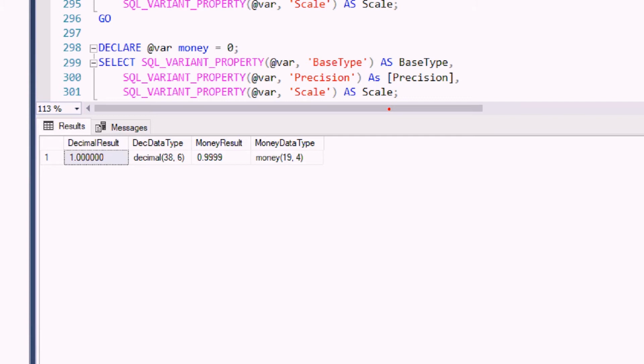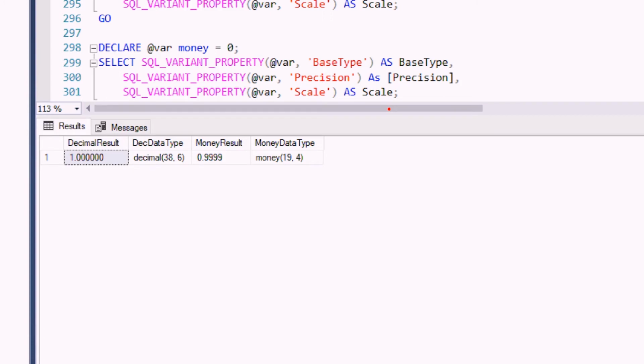So decimal increases the precision and scale with calculations in order to be able to hold the answer accurately. Money is stuck at 19.4. So as soon as you start multiplying or adding or doing any math at all with money, you have the potential of a real early rounding error because it can't get any bigger to hold a bigger result.